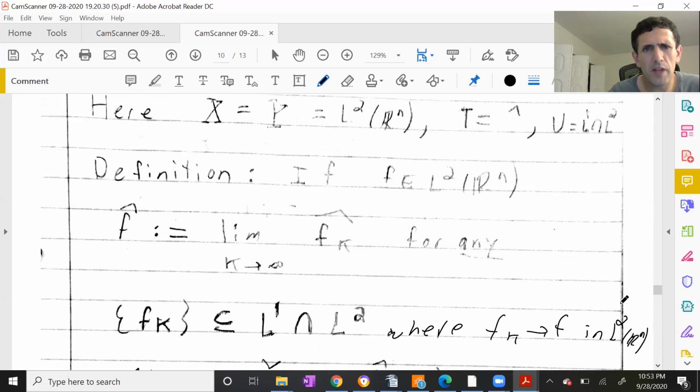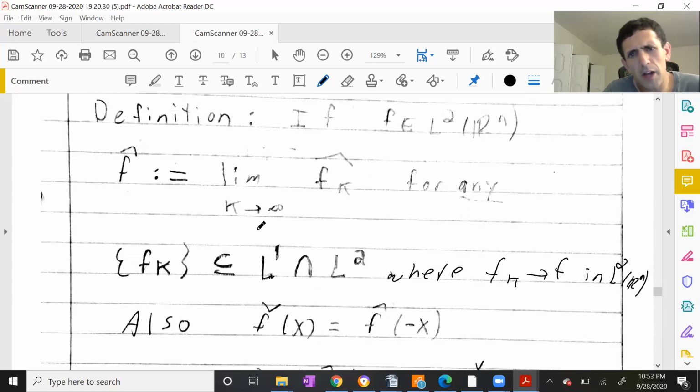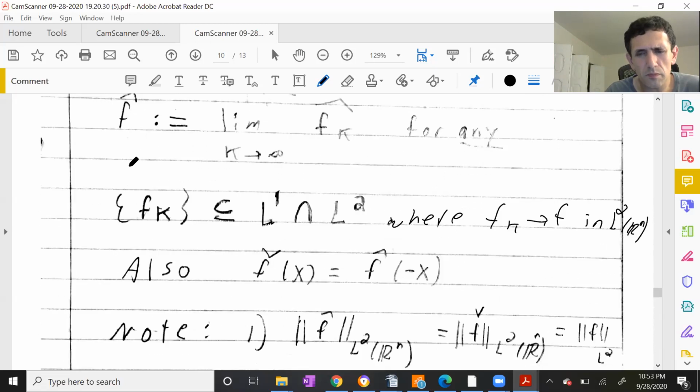Okay, then the Fourier transform of f is defined by this here. And define the inverse Fourier transform to be the Fourier transform with minus x. That's obviously a well-defined L2 function because f hat is a well-defined L2 function. Okay.